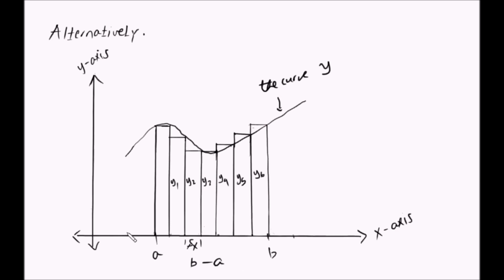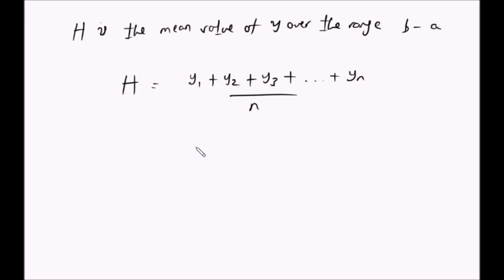Kwa hiyo nikichukua hii width yote, total width, ganya kwa width ya rectangle moja, nitapata number of rectangles. Kwa hiyo kumbe n ni sawa na b minus a over delta x. So now back here, tumeona n ni sawa na b minus a over delta x.